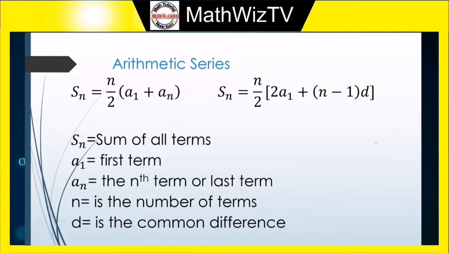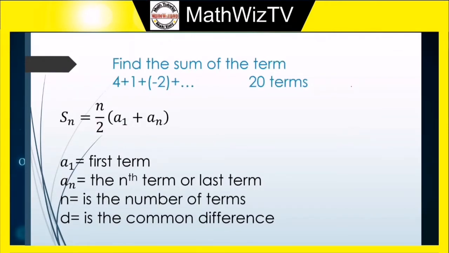Or we can also use the alternative formula, which is S sub n equals n divided by 2 multiplied by the quantity 2 times a sub 1 plus the quantity n minus 1 multiplied by d, wherein S sub n is the sum of all terms, a sub 1 is our first term, a sub n is the nth term or the last term, n is the number of terms and d is the common difference.